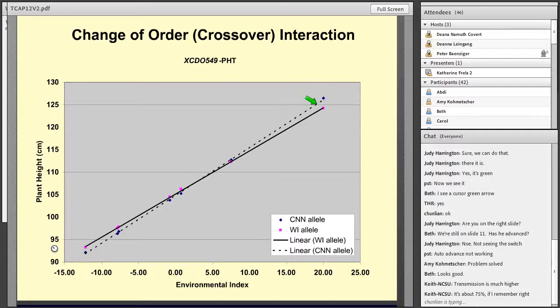And the problem with this is, as a breeder, you would not know what to recommend to a grower unless you knew what the grower wanted and could predict the season. Okay? So I wanted to give you an example of the difference between a change in magnitude and a crossover or a change in rank interaction. And you can have both of those with QTLs, of course.